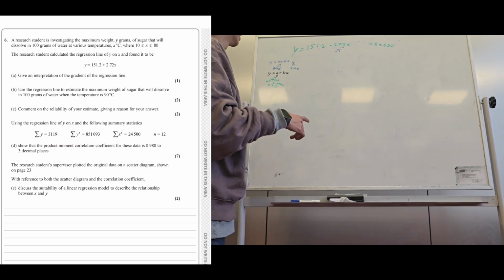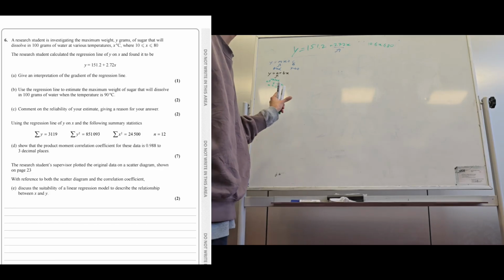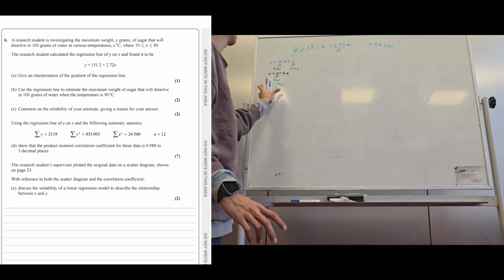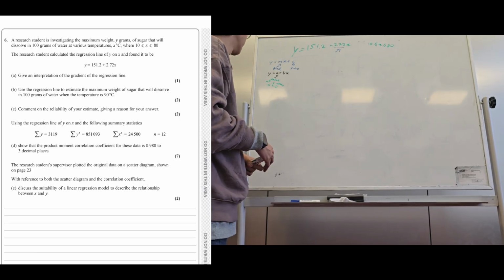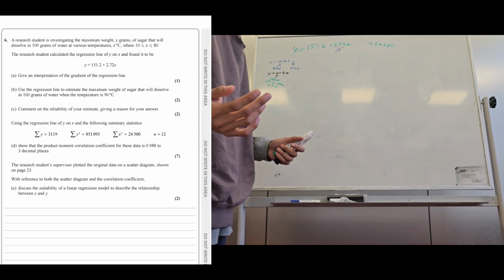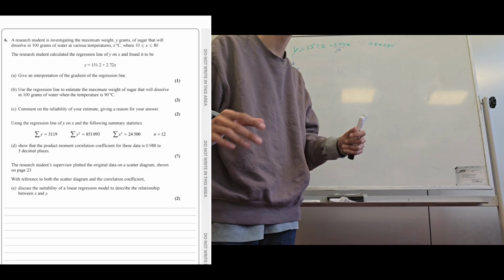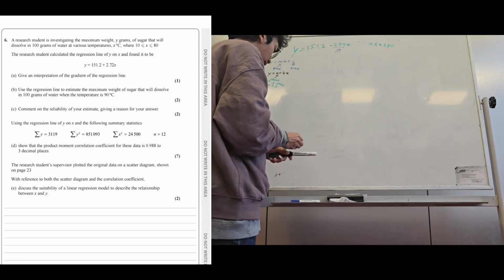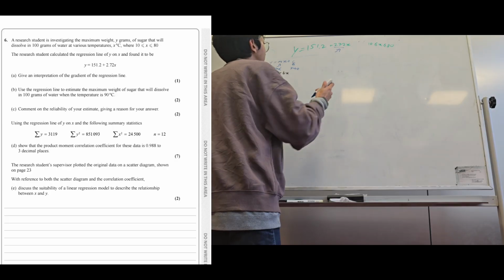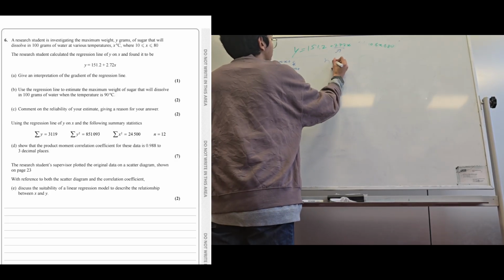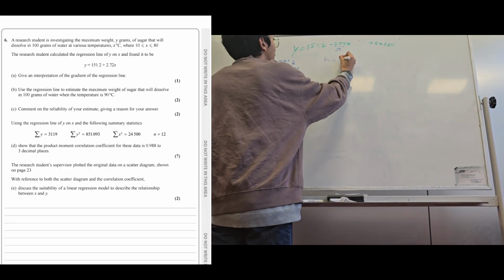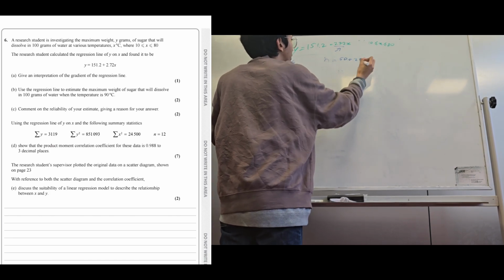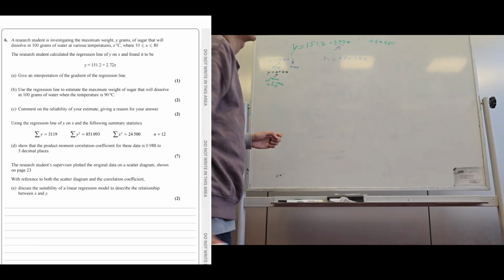So to interpret it, we have to give the context of what the thing is. For example, if we are plotting height versus shoe size, let me write it down: h equals 50 plus 20s.